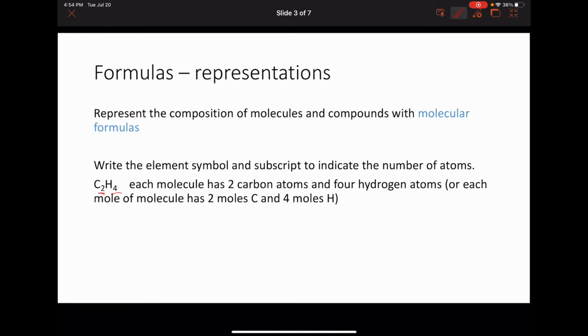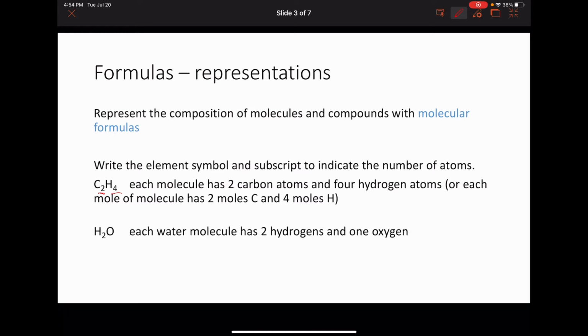Now, the way I've said it is atoms and atoms, but if you recall, if we had a mole of this molecule, it would have 2 moles of carbon and 4 moles of hydrogen. So remember, just like molar mass scaled up from atomic mass units to molar mass units, or atomic mass in terms of grams per mole, so do the subscripts.